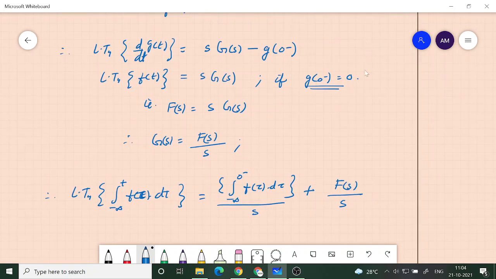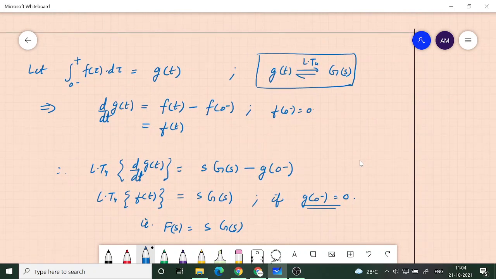This g is what? g is the integral from 0 minus to t. So g of 0 minus is basically the integral from minus infinity to 0 minus of f, according to this definition.